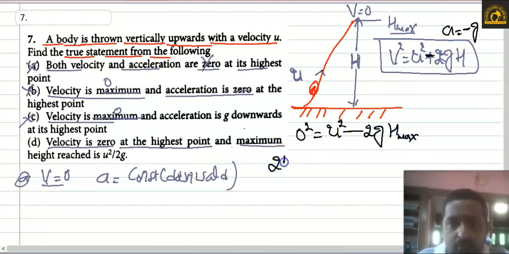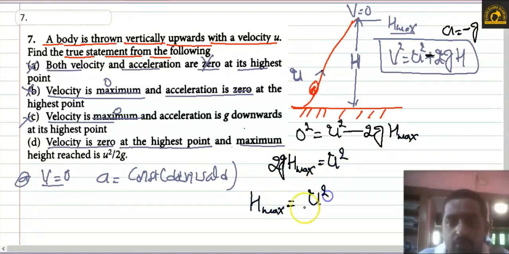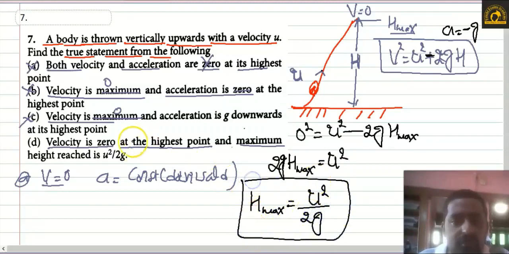So 2 g h maximum is equal to u square. Then h maximum is equal to u square divided by 2g. The given is also u square by 2g. So the fourth option is the correct statement for both: the velocity is 0 and the maximum height reached is this much. That is option D, the correct answer.